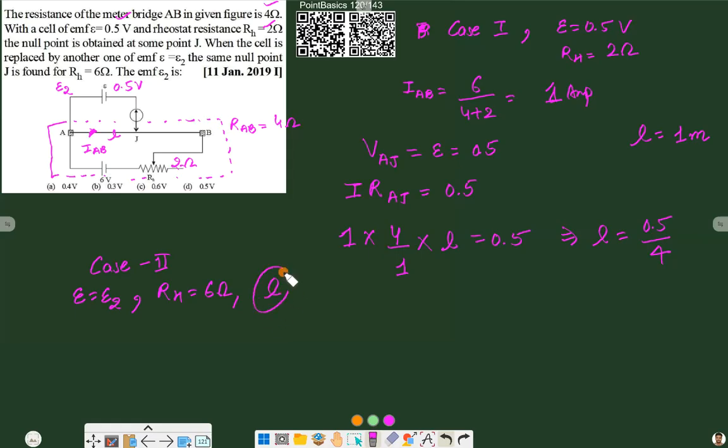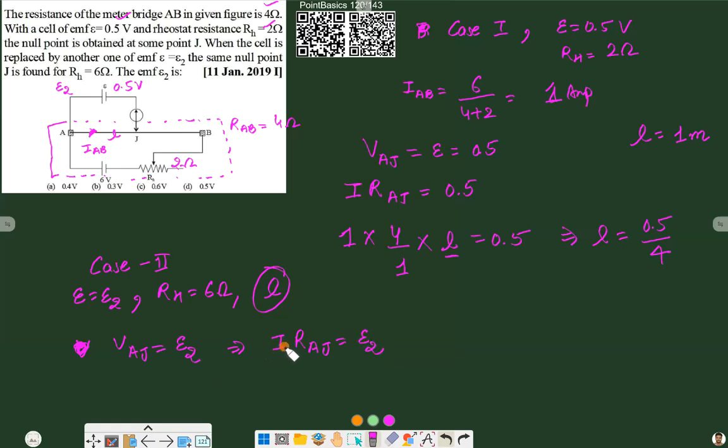So the balancing length is again L, and initially it was also L. In this case again there will be balancing and no current will be flowing in the upper circuit, but in the lower circuit there will be current, and we again can say that V of AJ should be equal to E2, and V of AJ will again be equal to I times RAJ. Now the value of I will change here.